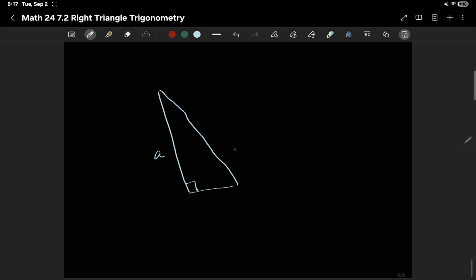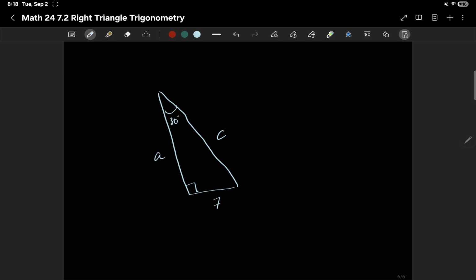So assume we have this triangle. We have A here, there's our 90-degree angle, call this C, this side is 7, and this angle is going to be 30 degrees.